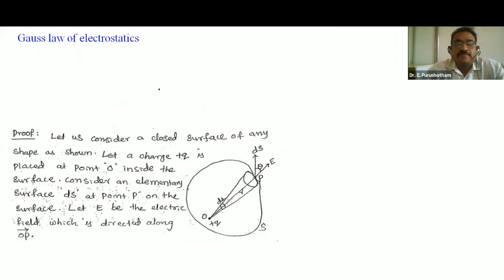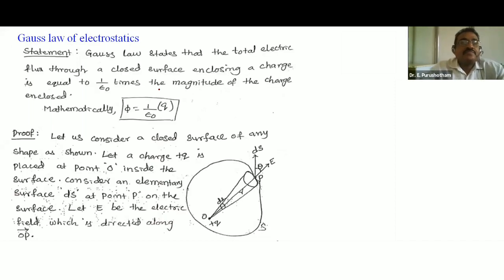So for the proof, this is the closed surface of any shape. Now the statement: Gauss law states that the total electric flux through a closed surface enclosing a charge is equal to 1 by epsilon naught times the magnitude of the charge enclosed. Mathematically, we can write phi is equal to 1 by epsilon naught into Q. So this is the statement.